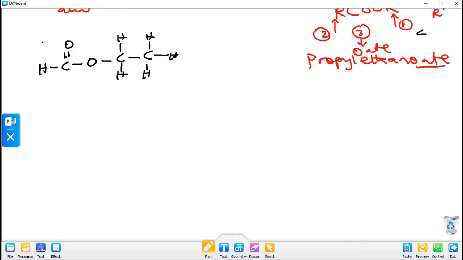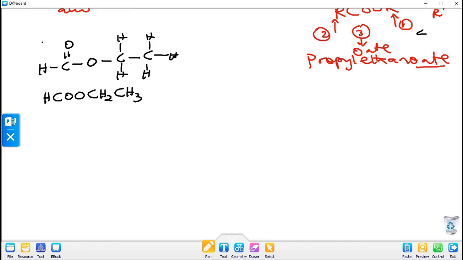How is it ethyl methanoate? Let us rewrite it as a condensed formula. As a condensed formula, it will be HCOOCH2CH3. I want to believe this is clear now.